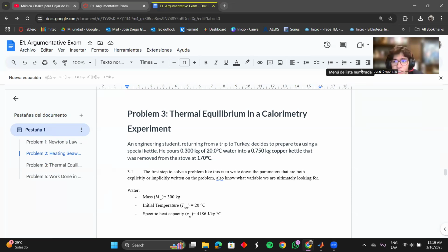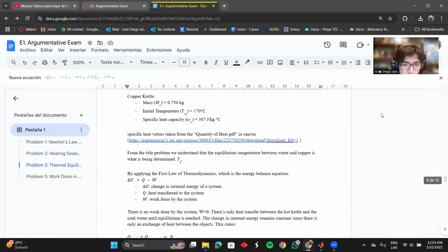We need to understand that this is a closed system, first of all, to know that we can apply the first thermodynamic law, which is that the change in internal energy of a system will always be equal to the heat transfer of the system minus the work.